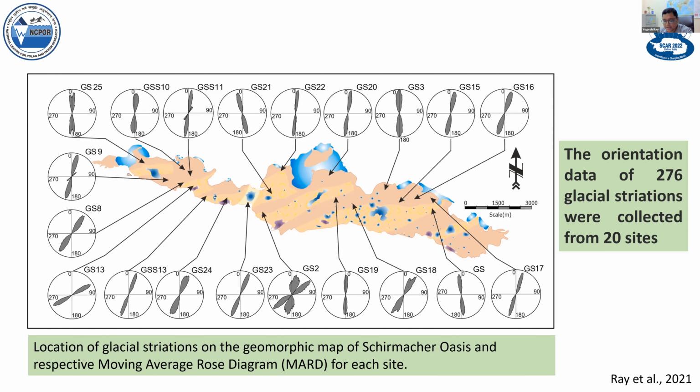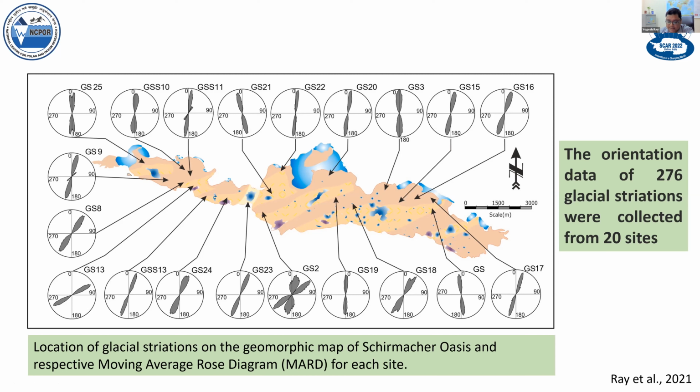So you can see the orientation data collected can be differentiated into three major parts: the northern margin, which is basically these data sets, like GS10, GS22, GS20, GS3, and GS7. These are present at the proximity of the present-day margin.